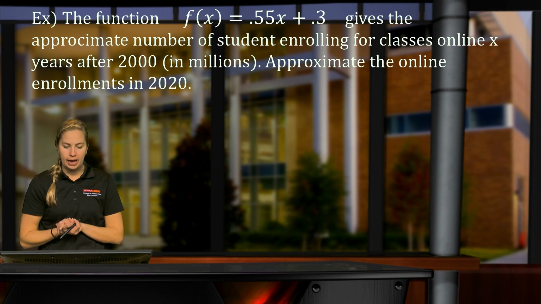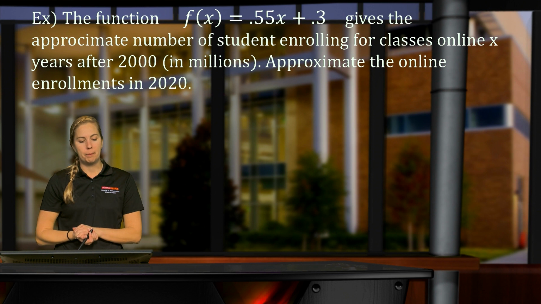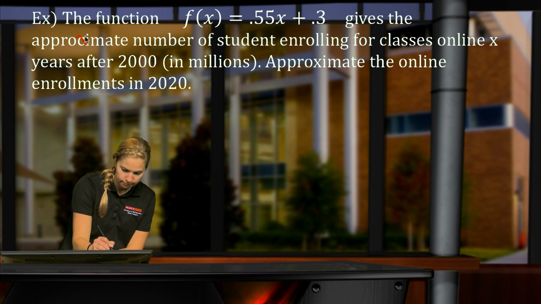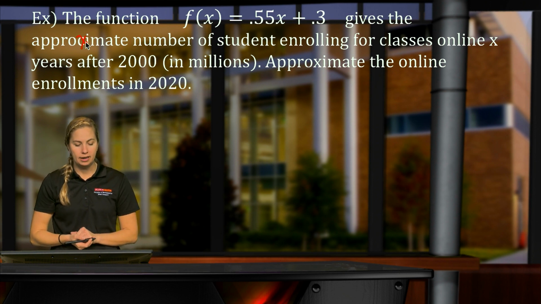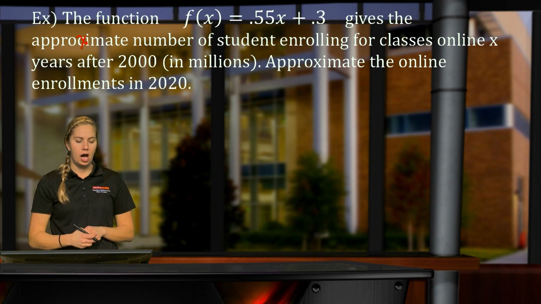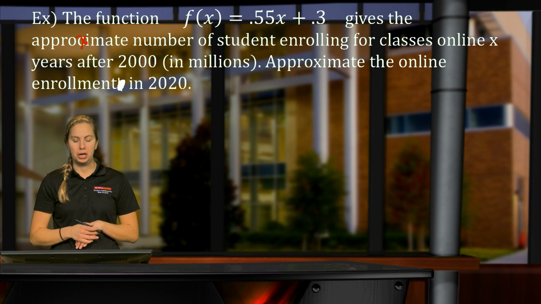The function f of x equals 0.55x plus 0.3 gives the approximate number of students enrolling for classes online x years after 2000. And it gives the number in millions. Approximate the online enrollment in 2020.